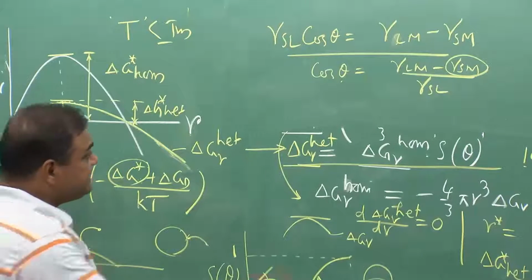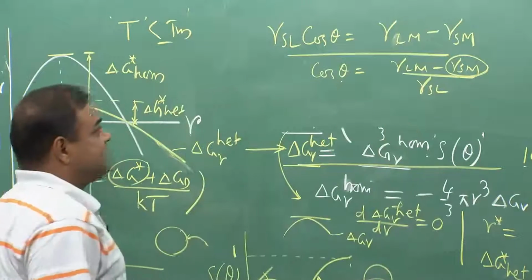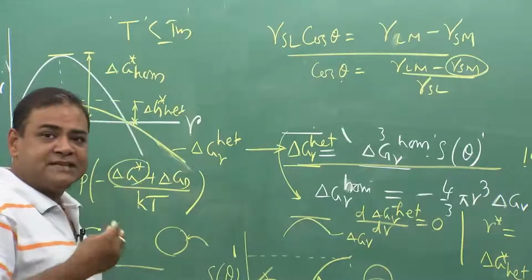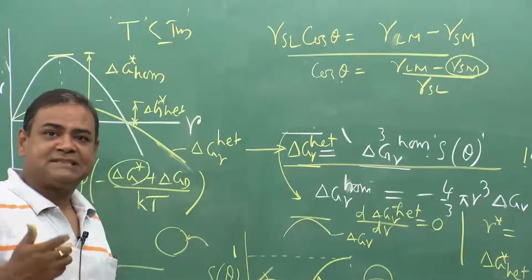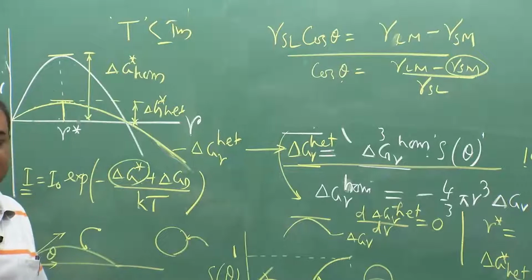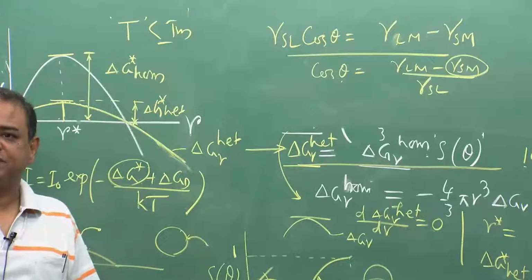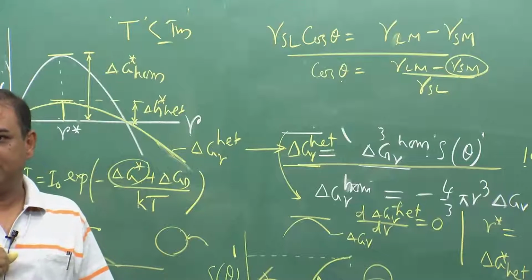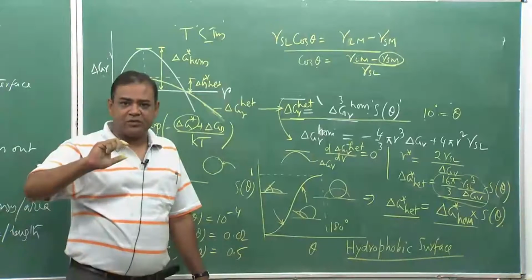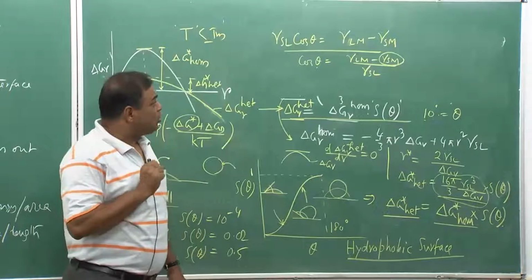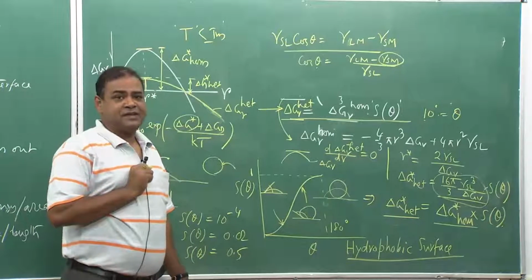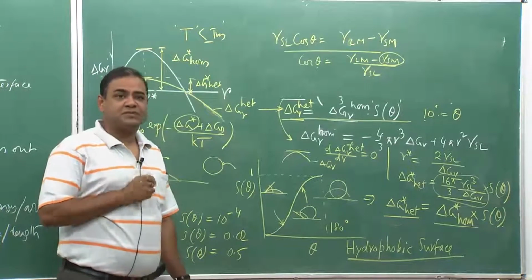Okay. If this becomes low, then theta would be low, and S(theta) also would be low. Okay. So, that means the surface, the mold wall, must have a very low surface energy. So, if the mold wall has a low surface energy, then it has a very good wettability too.